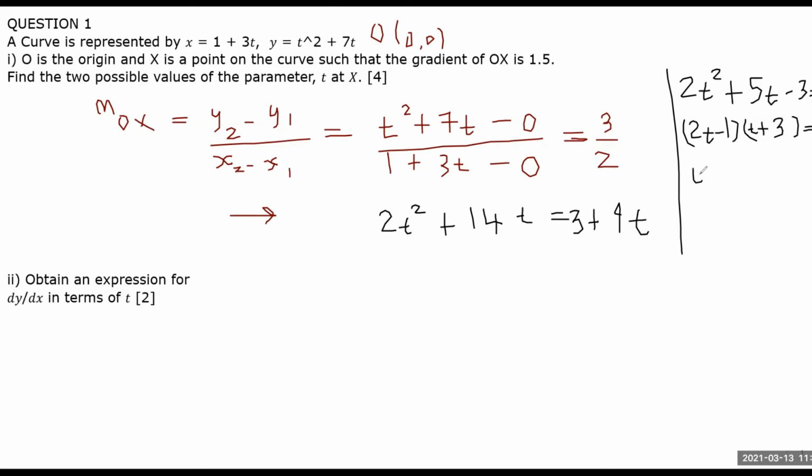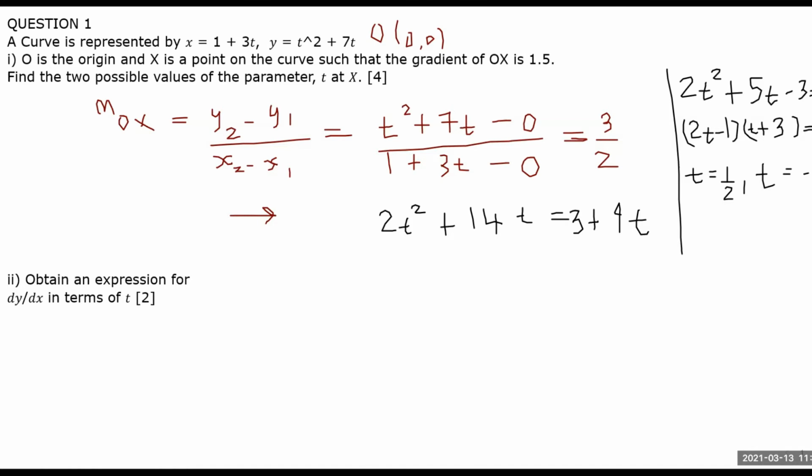So the 2 possible values of t are t equals a half and t equals negative 3. That's the 2 possible values of t for this question. All right, nice and easy. So those are the possible values of the parameter t at X.